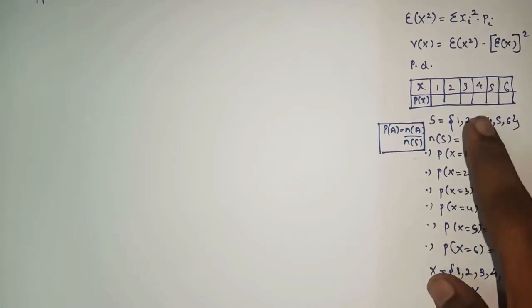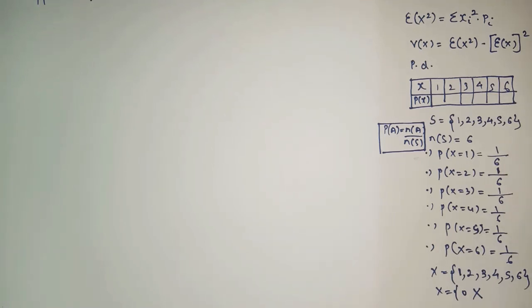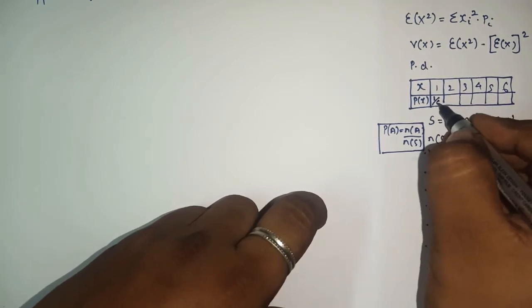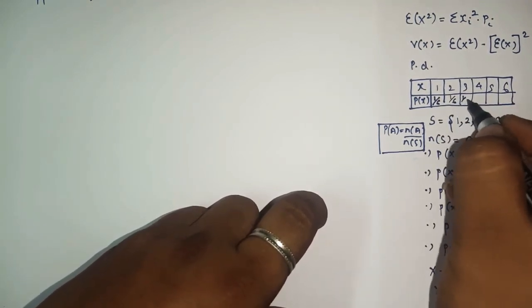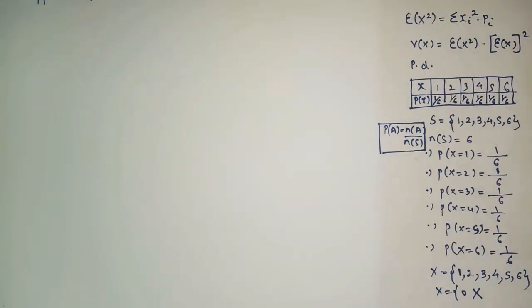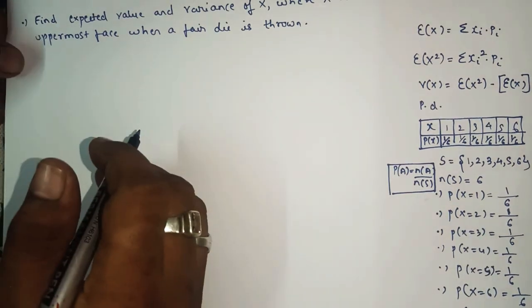Probability of getting 2, 2 will appear only one time on a dice, and the sample space will be the same. So for each and every event, the probability will be the same: 1 by 6, 1 by 6, 1 by 6, 1 by 6, and 1 by 6. Understood? Okay, so let's start framing the steps now.